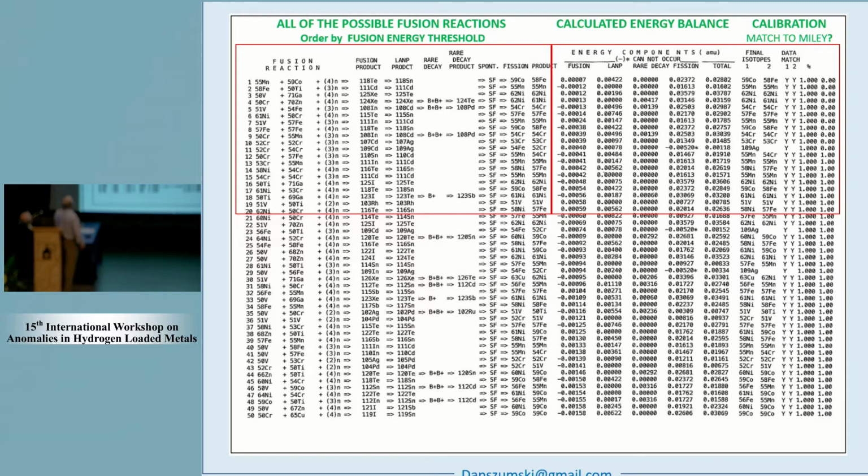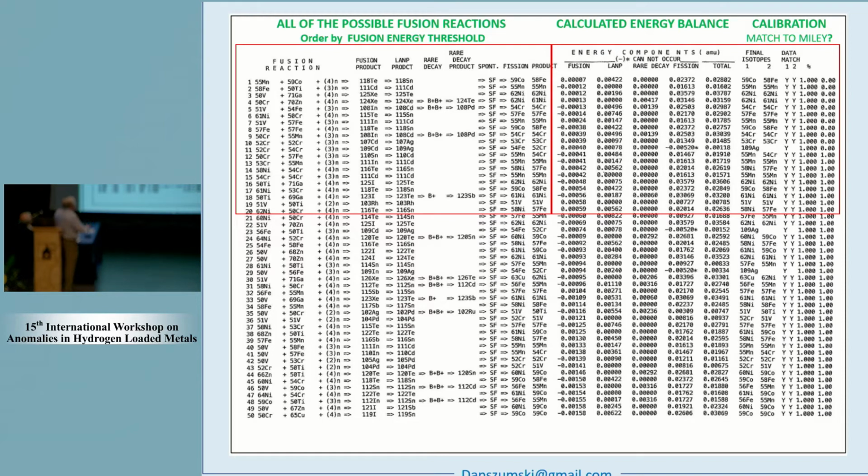This is the first page of the model output for Miley's calibration analysis against Miley's data. The left-hand side contains nuclear equations that involve one or two of the initial isotopes in Miley's electrode, plus between 1 and 4 neutrons. It produces an initial fission product, and the initial fusion energy for those products is shown here in ascending order.